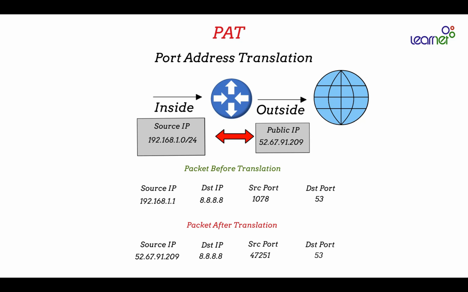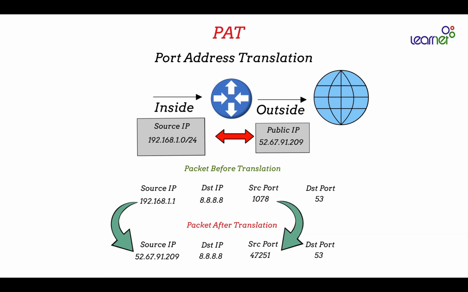And then we change the source port as well to something that is available. And the destination port also will remain the same. So with the combination of IP address and port, we create a unique translation, so no other device will have a similar one.